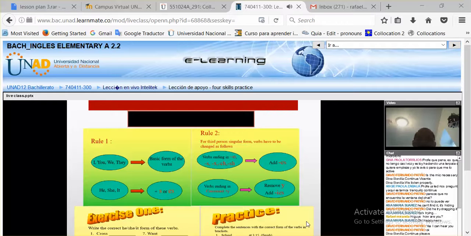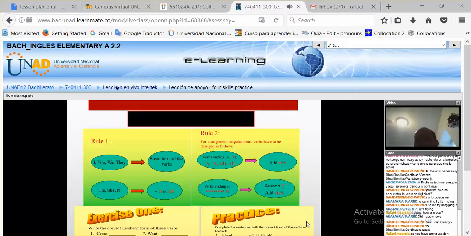Okay guys, but the idea here with exercise 1 is only to write the verb with the form that you see over your exercise. Don't write any sentences. If you can see the rule too, you can check the endings that you can write there. So try to write according to the explanation.